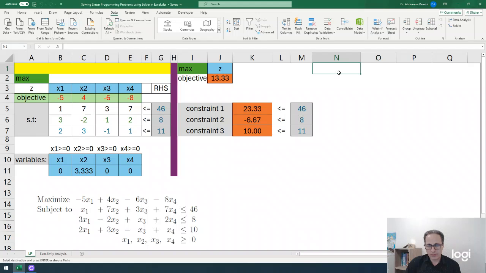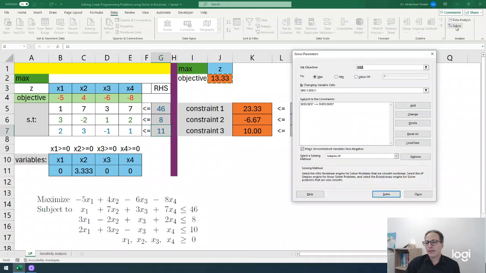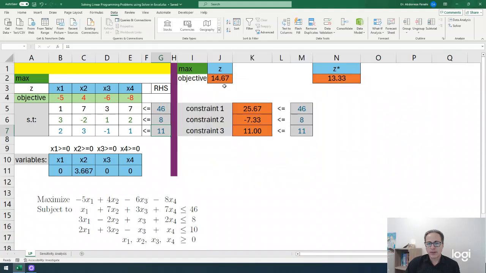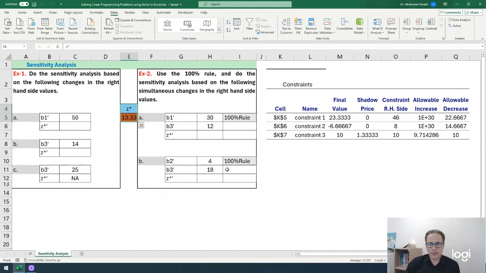So we know that the original problem has this objective. But if I change the third right hand side by 1 unit, then I get a new answer, 14.67. And if I compare these two, it looks like they are related by these shadow prices.